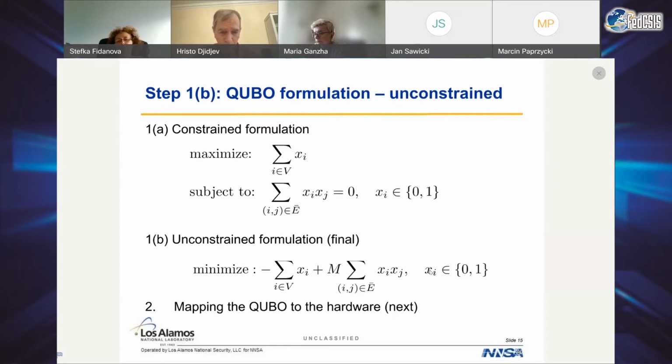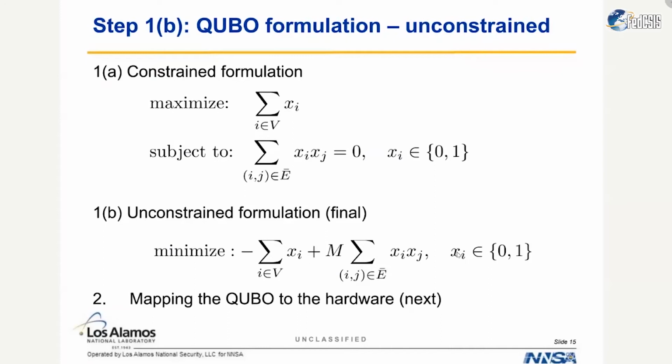So first we multiply the sum of xi by -1 because we want to make it a minimization problem. And we multiply the constraint by some large positive constant m. And the idea is, this works like a penalty.